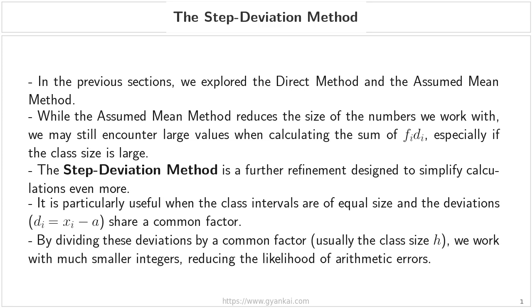By dividing these deviations by that common factor, which is usually the class size, denoted as h, we transform those larger numbers into much smaller, more manageable integers. This makes your work much faster and significantly reduces the likelihood of making those frustrating arithmetic errors during an exam. So, let's take a closer look at the formula that makes this possible.